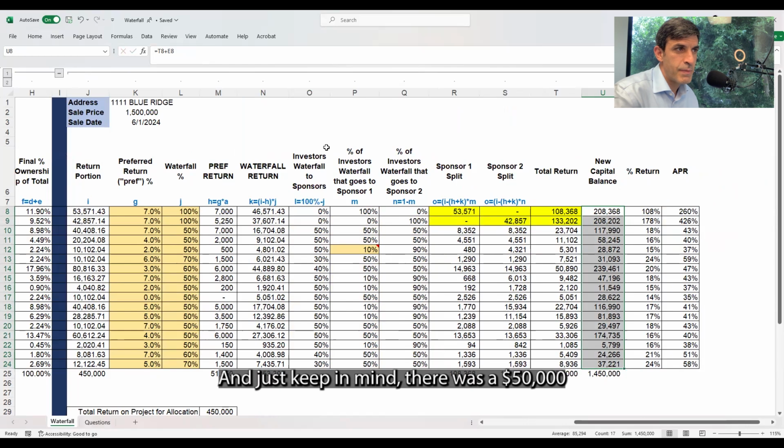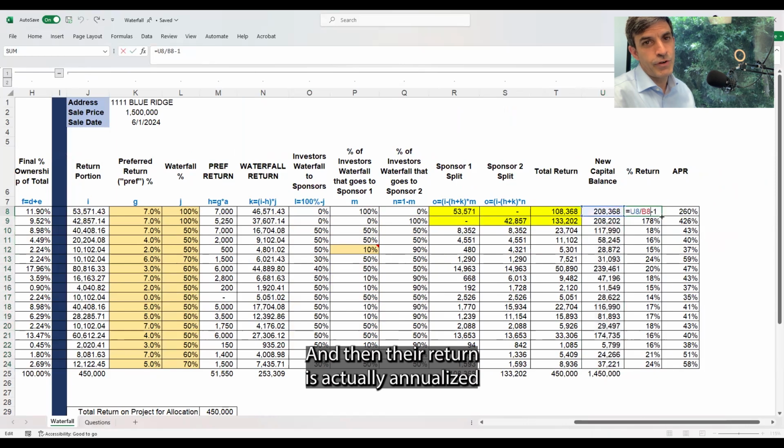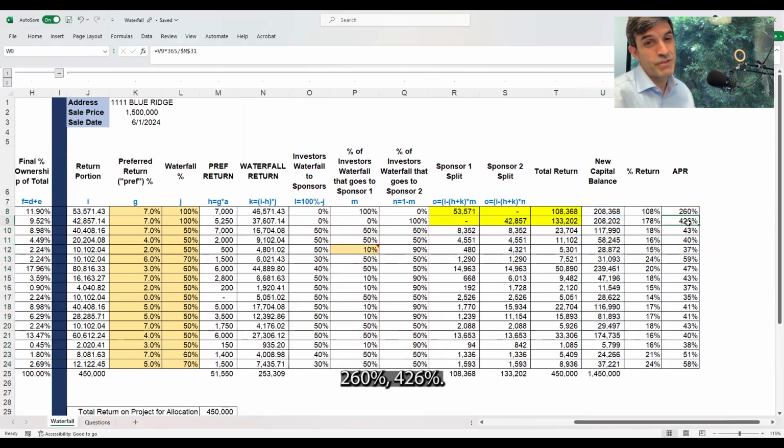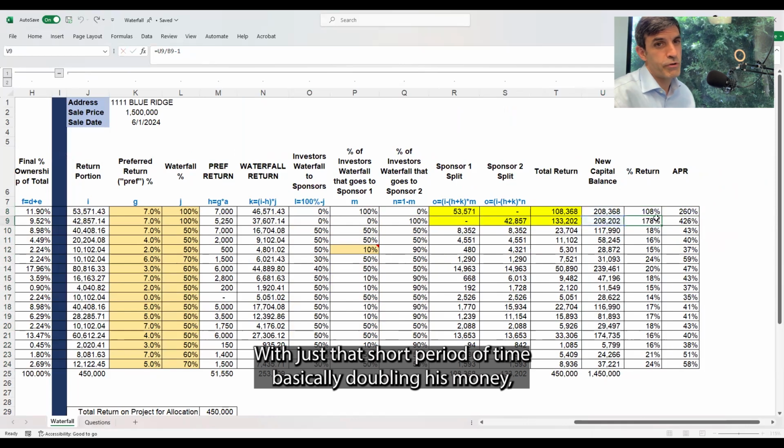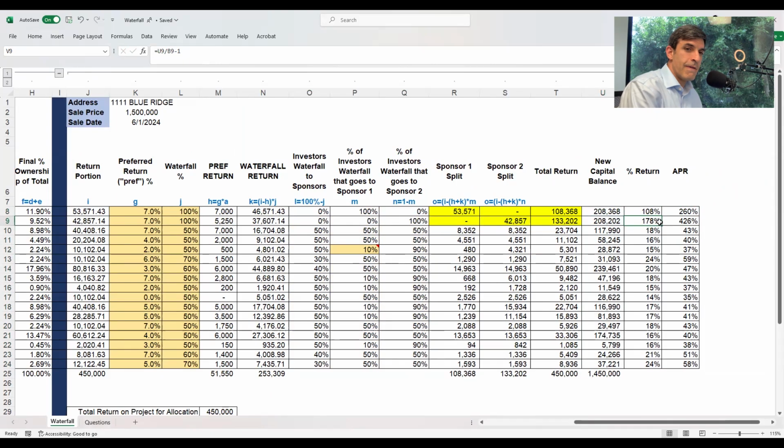Keep in mind, there was $50,000 already paid out for the acquisition fee. Their return is annualized 260% and 426%, with just that short period of time, basically doubling his money, almost tripling sponsor number two's money.